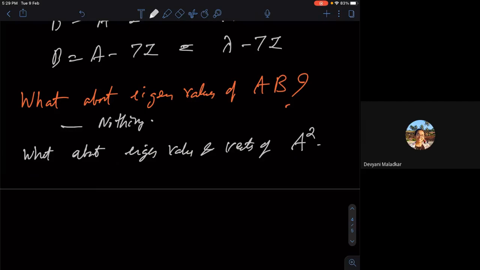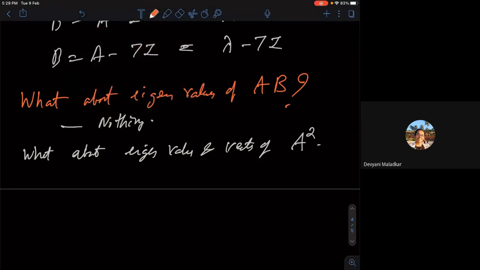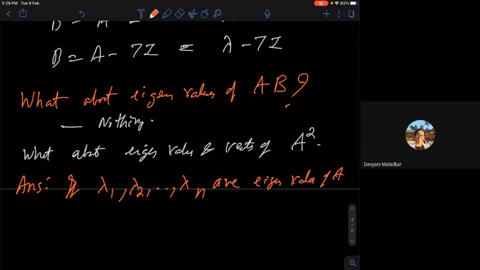So the same eigenvectors and the eigenvalues are squared. Correct. So what is the answer? The answer is if lambda 1, lambda 2 up to lambda n are eigenvalues of A, then lambda 1 square, lambda 2 square up to lambda n square are eigenvalues of A square.